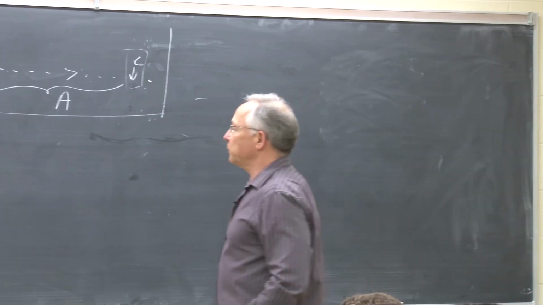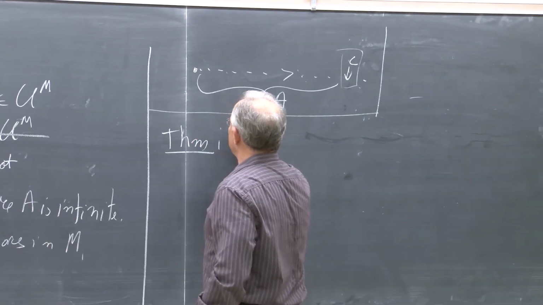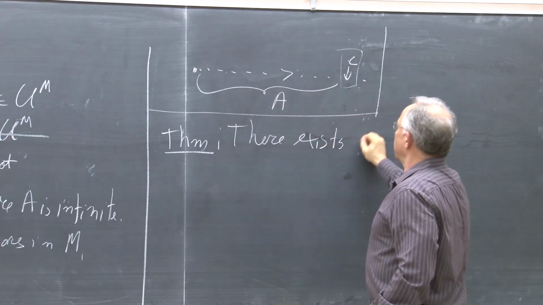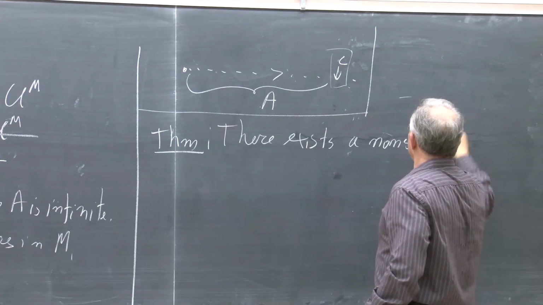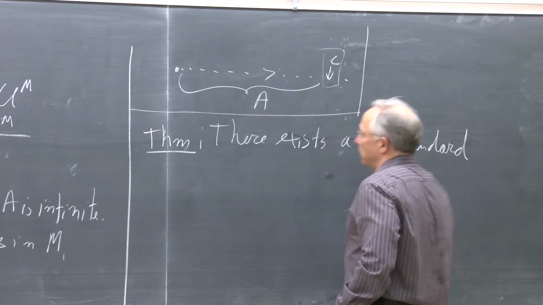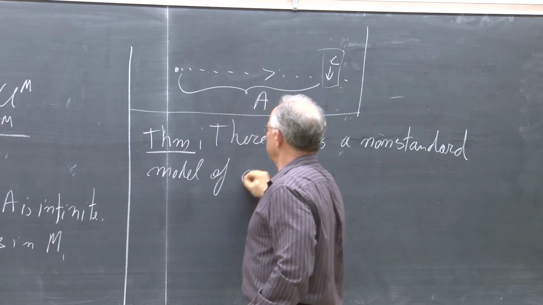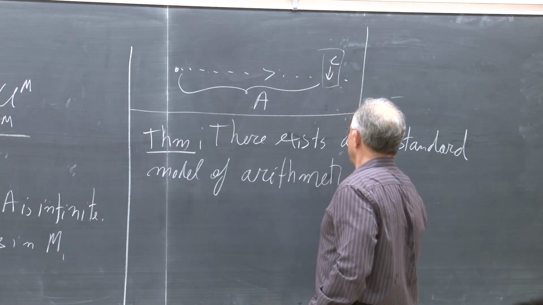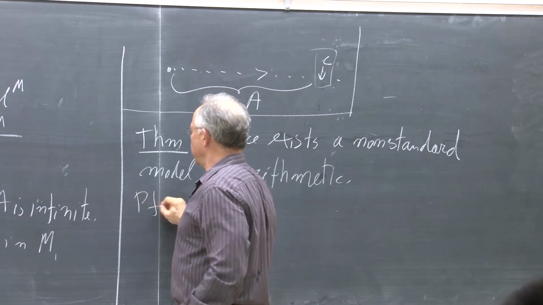Okay, so we have a theorem here that says there exists a non-standard model of arithmetic, and the proof is by the compactness theorem.